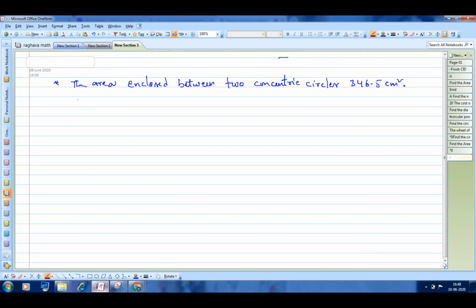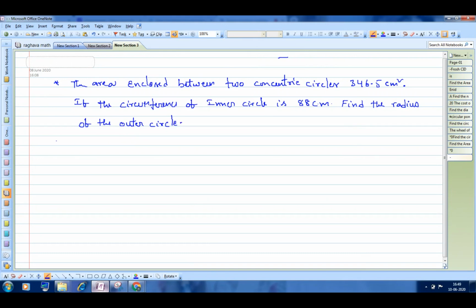If the circumference of the inner circle is 88 centimeter, find the radius of the outer circle. Solve this question.